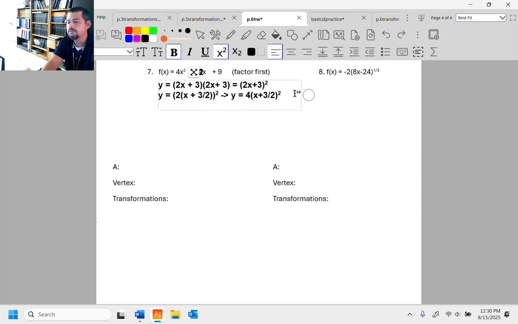I know you struggle. I did all of this because I am trying to line up with y equals a times x minus h squared plus k. Okay? Now, turns out a was 4. My vertex is at -3 halves and an understood number. You see how there's nothing above that k right there? 0.